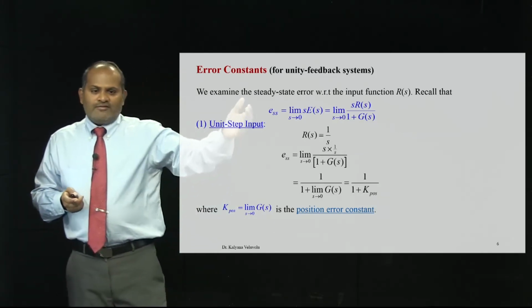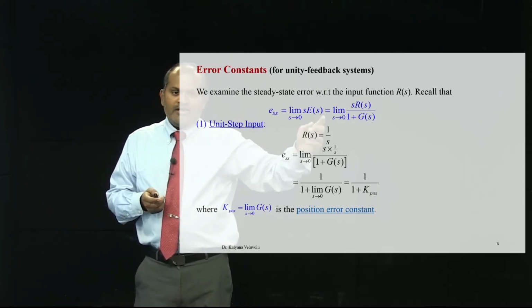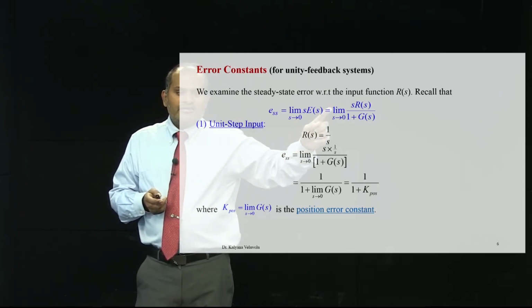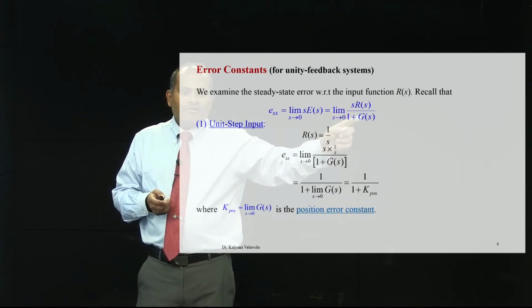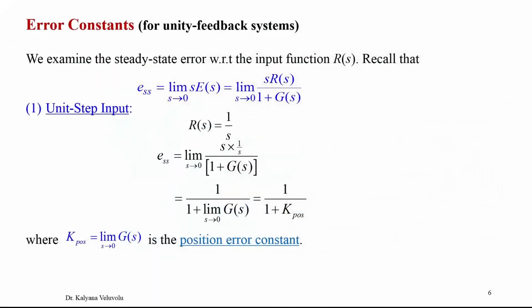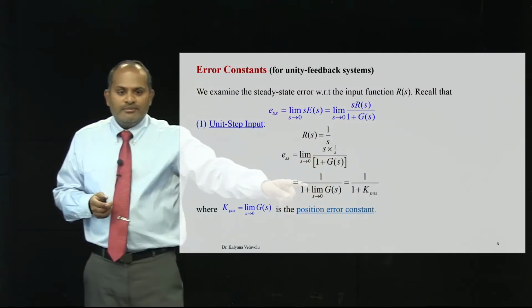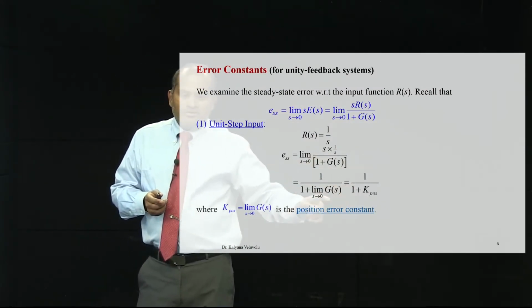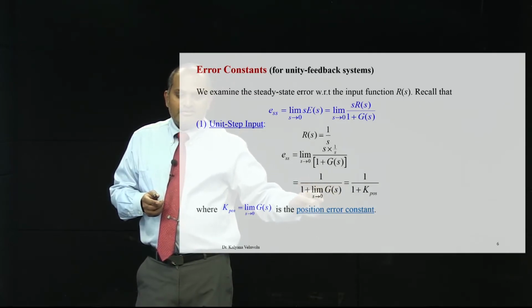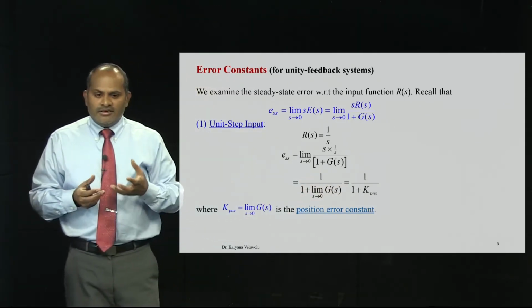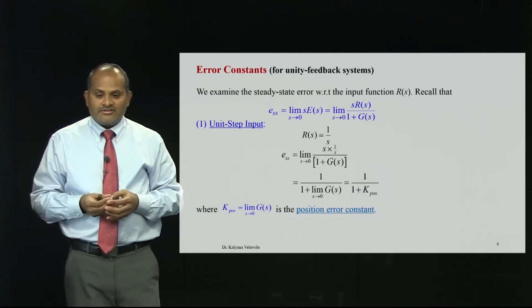So, let us take the unit step input. What we analyzed for the steady state error is limit s tends to 0, s into r of s by 1 plus g of s. Now take r of s equal to 1 by s. So, your steady state error will be limit s tends to 0, s into 1 by s by 1 plus g of s. The s's get cancelled, and so you have the expression 1 by 1 plus limit s tends to 0 g of s. This limit depends on the transfer function of the system.